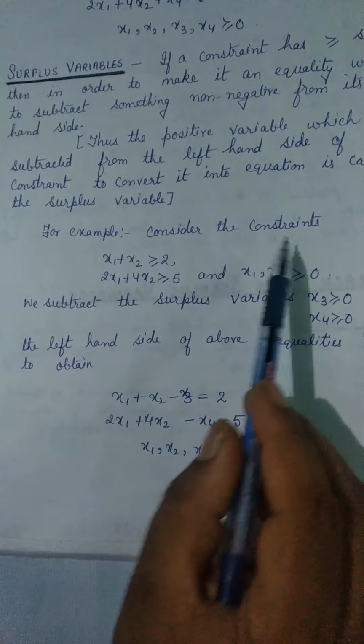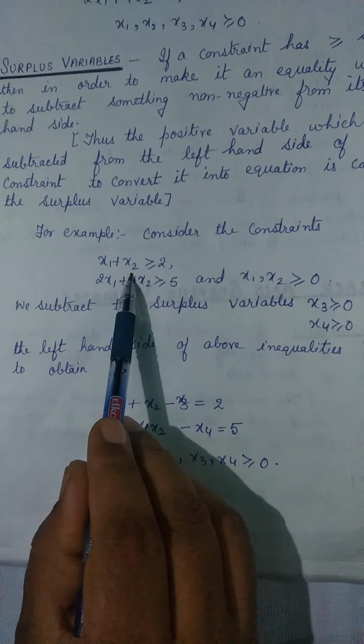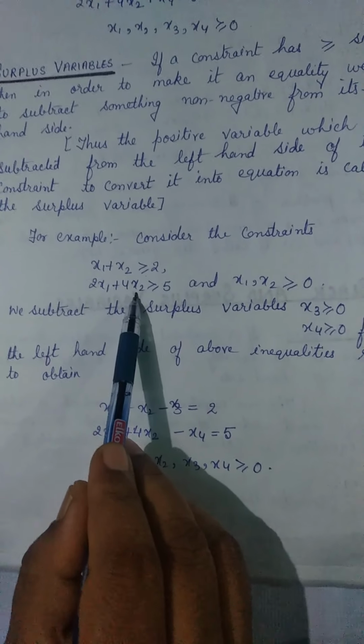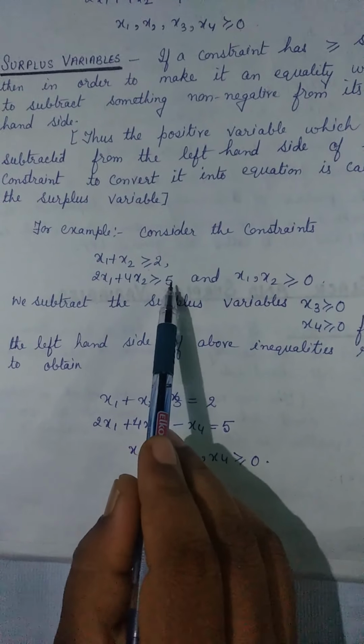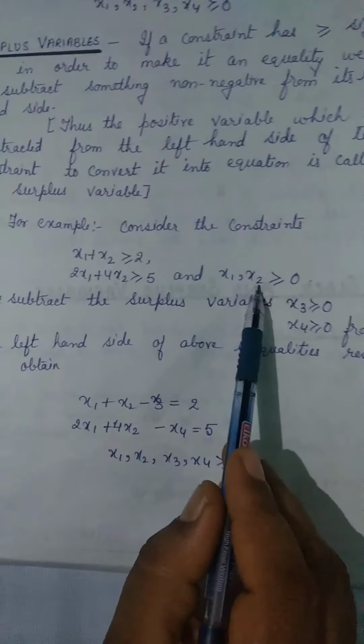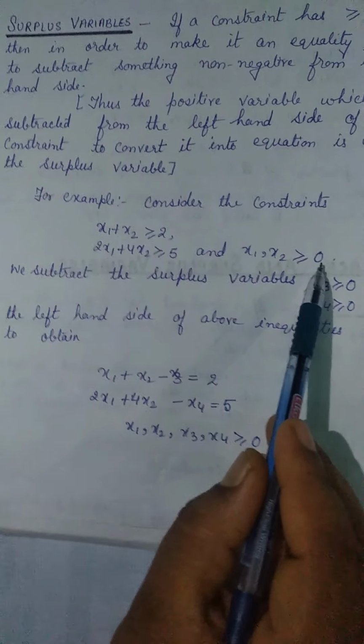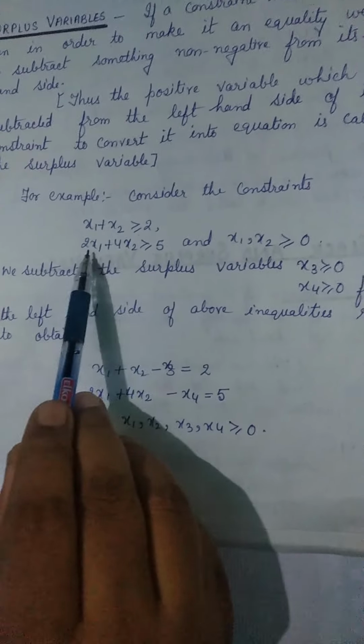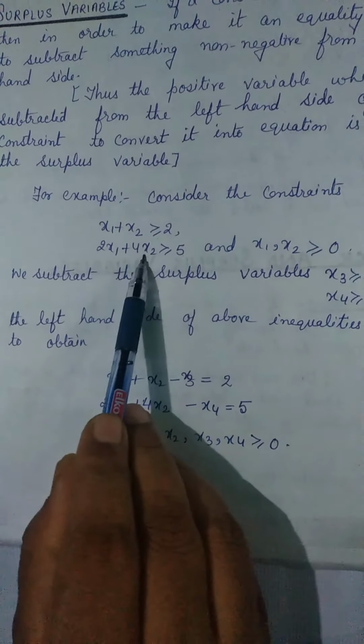We will consider the constraints x1 + x2 greater than or equal to 2, 2x1 + 4x2 greater than or equal to 5, x1 and x2 greater than or equal to 0. Now here we will subtract the surplus variables.